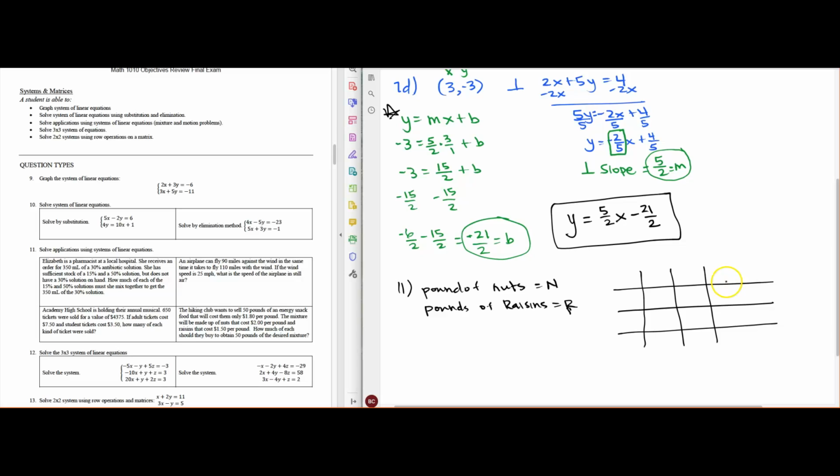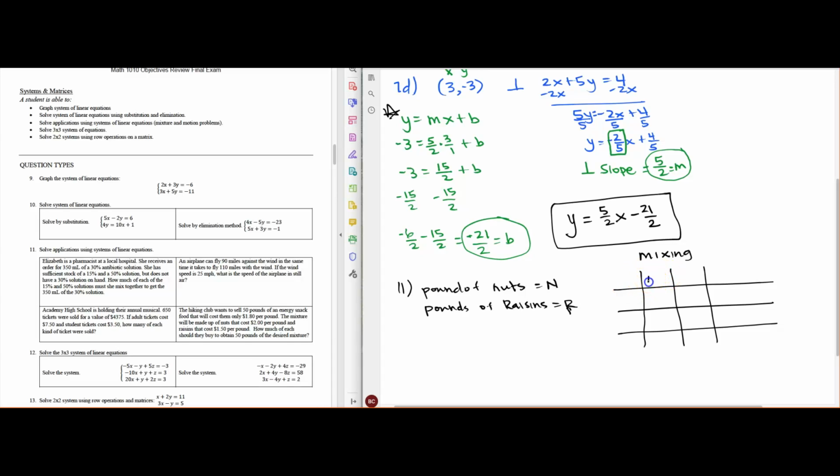And remember we talked about how across the top we're going to be putting the things that we're mixing together, and then along the side we'll look at our labels or the units and stuff like that.